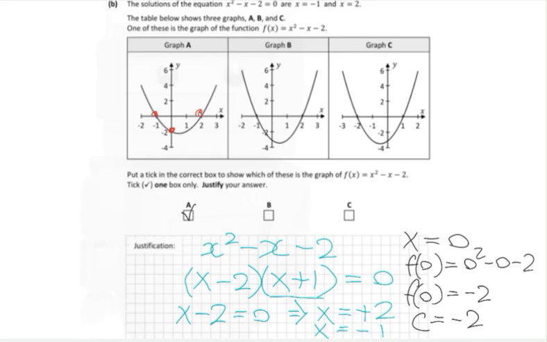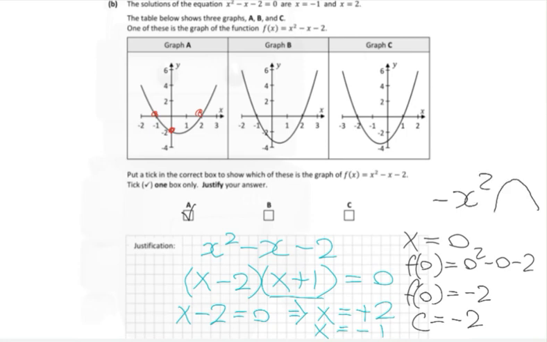So work everything out, and remember, you can work out the roots by solving with the algebra, just factoring, setting the two factors to 0, and also then you can check the y-intercept. If the graph is inverted, well, it would be minus x squared. And that's also another consideration.